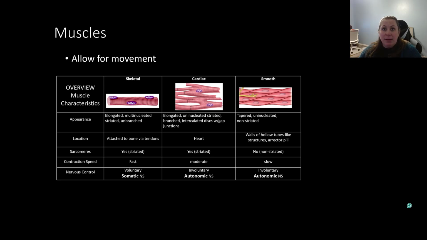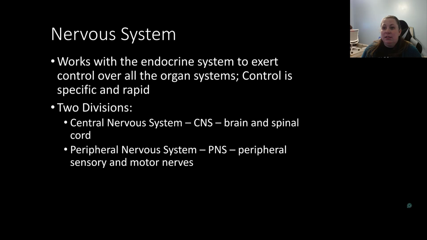So let's talk a little bit about these branches of the nervous system. Your nervous system works with the endocrine system to control everything else in your body, okay? Now, hormones help control things, but they're chemicals and they work slower, whereas your nervous system controls things fast. There's two divisions. You have your central nervous system, which we also abbreviate as CNS, and this is your brain and your spinal cord.